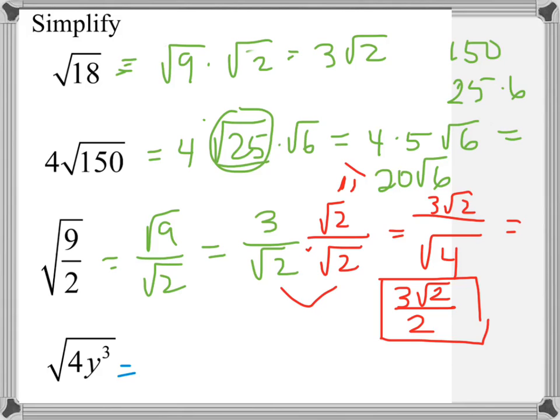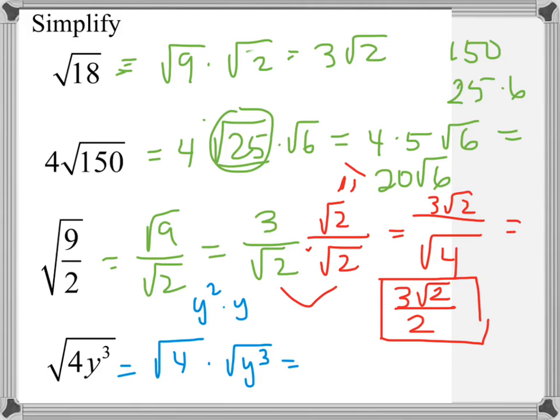Okay, now 4 times, this is the first time we've had a power of a variable here. So I'm going to break this down into the square root of 4 times the square root of y cubed. Now, y cubed has a square root in it. The factors of y cubed are y squared, which is a perfect square, times y.